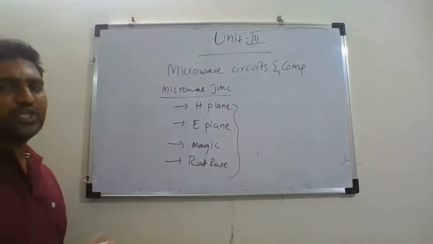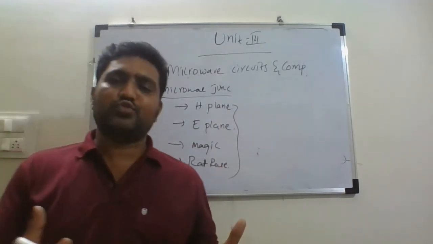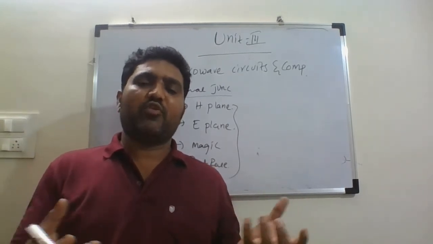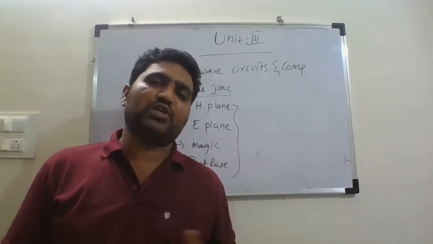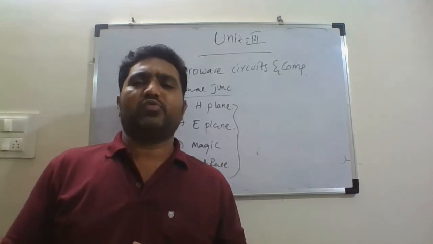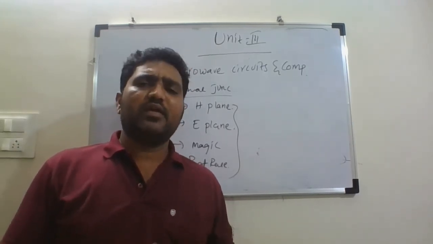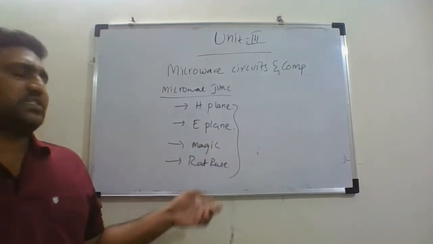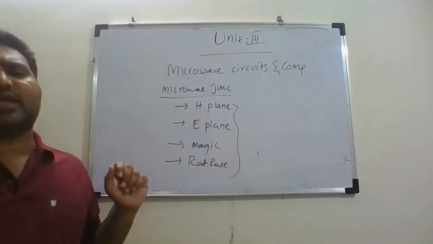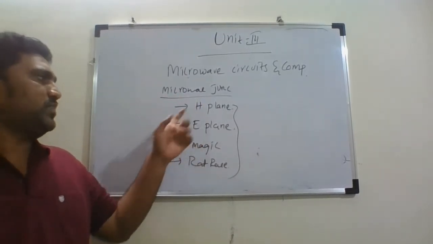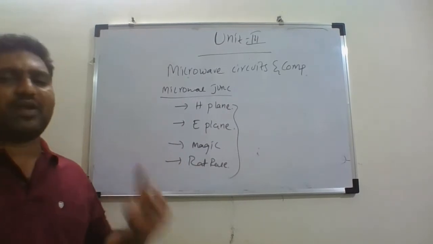So these are the junctions or components that are used for forming a junction, that is, splitting of power or connecting of power. We will study all these different microwave junction devices like the H plane T, E plane T, magic T, and rat race junction.